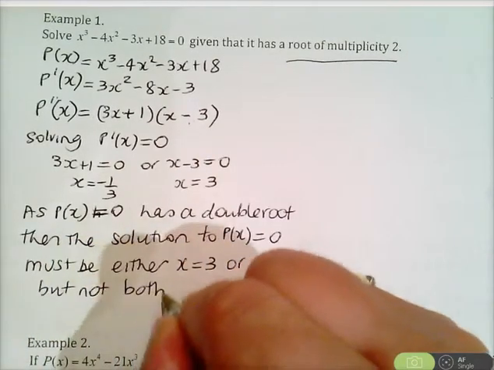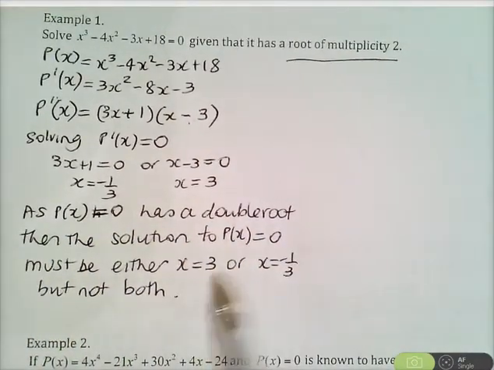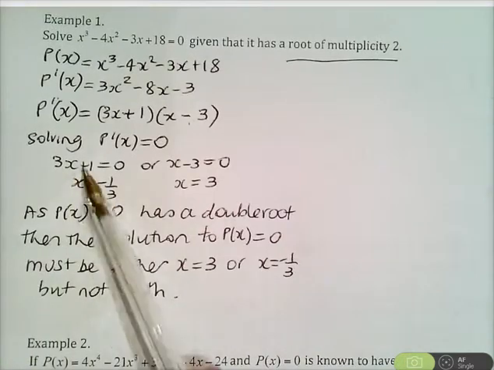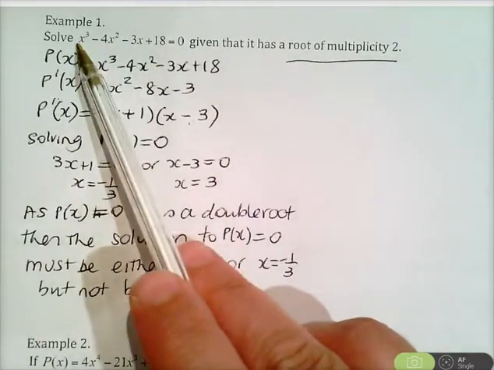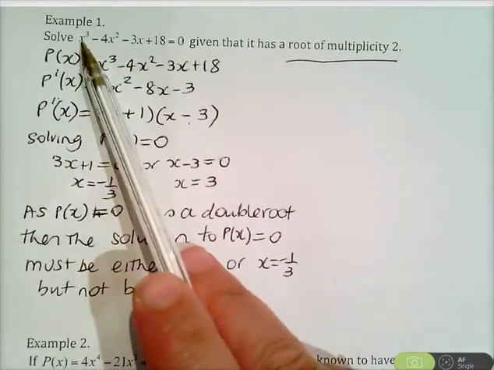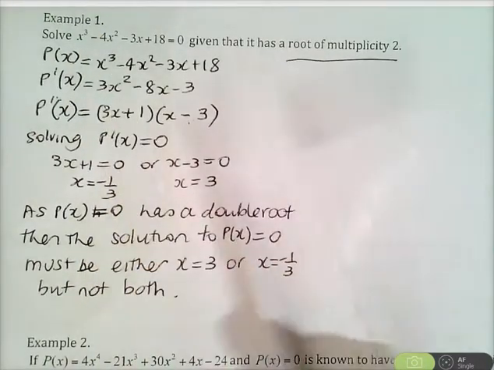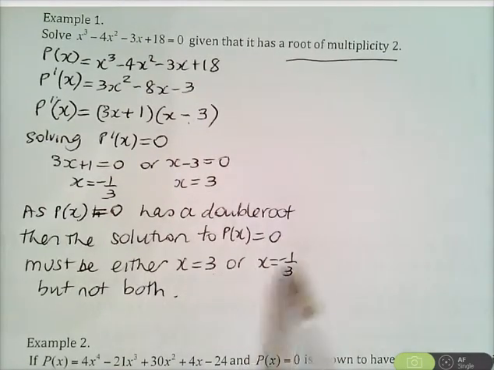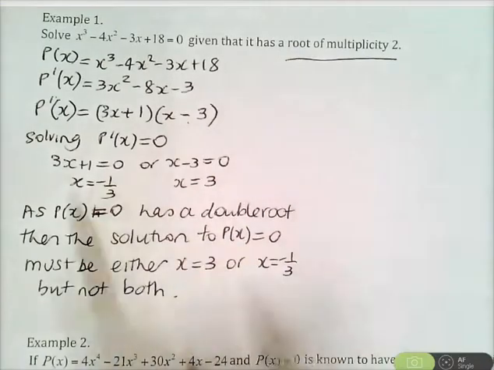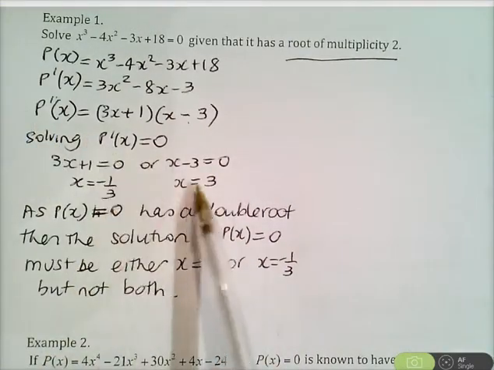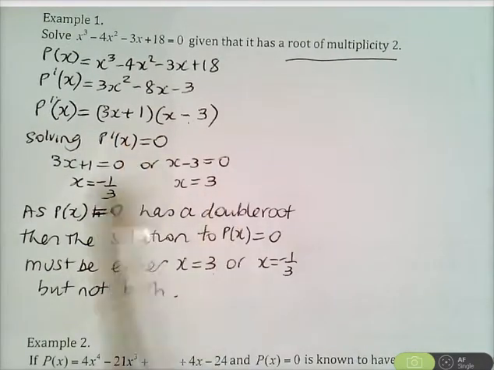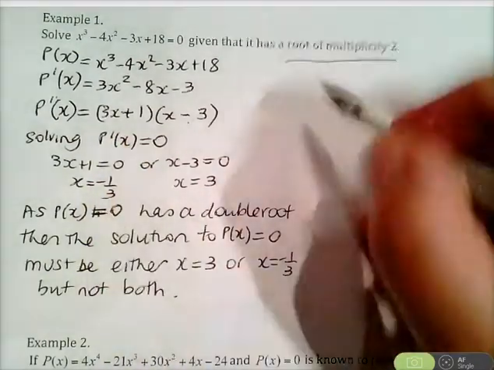Now the reason is, if they were both multiple roots of multiplicity 2, you'd have (x minus 3) squared and (3x plus 1) squared, and you'll end up with something to the power of 4. But this polynomial is only to the power of 3. So therefore we've either got a double root at x is 3 or a double root at x is negative a third. Now we know that p dash 3 is 0, and we know that p dash negative a third is 0.